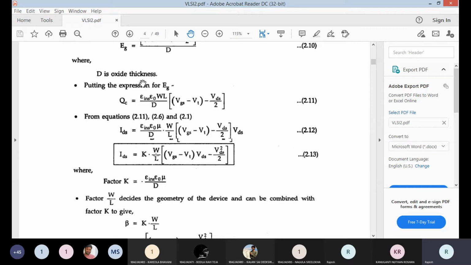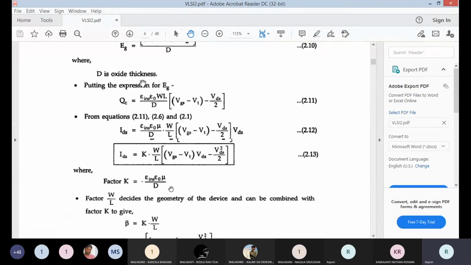So IDS is directly proportional to VGS minus VTN. IDS is directly proportional to VDS. IDS is directly proportional to width. It is inversely proportional to length. More channel length, corresponding current is less. So as a designer, depending on the switching speed, you have to prefer short channel length devices. And this length and width are also decided by corresponding supply voltages.